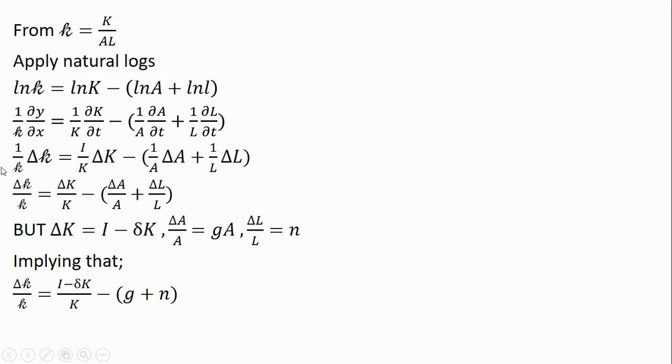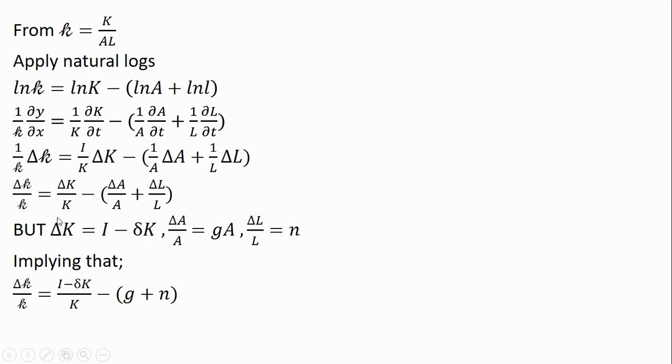So if I multiply 1 over kappa times change in kappa, it's change in kappa over kappa. If I multiply 1 over k times change in k, I come up with change in k over k, then minus 1 over a times change in a gives us change in a over a. 1 over L times change in L gives us change in L over L. Now, what is our change in k?